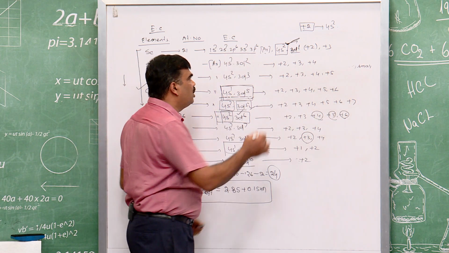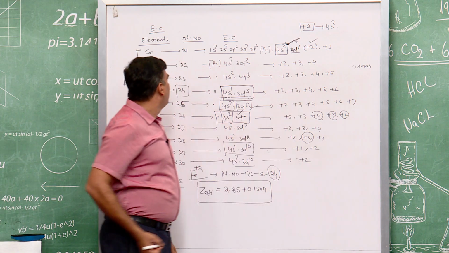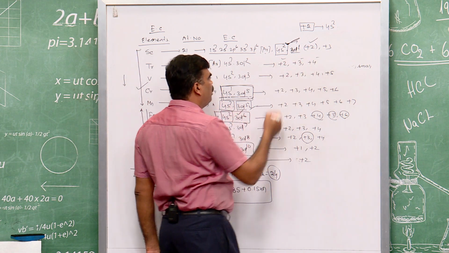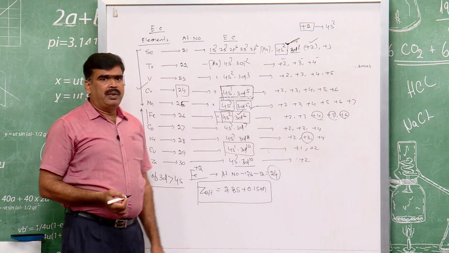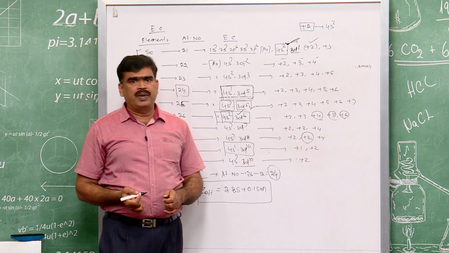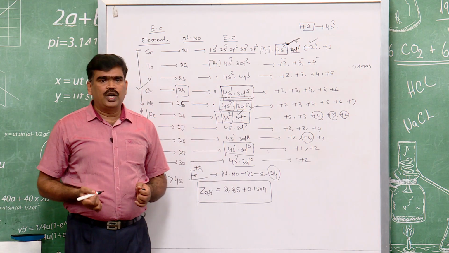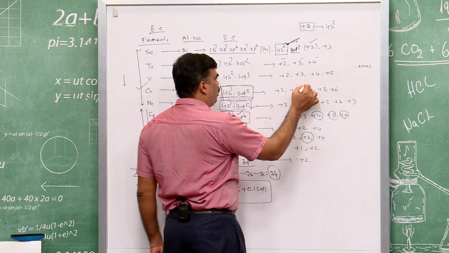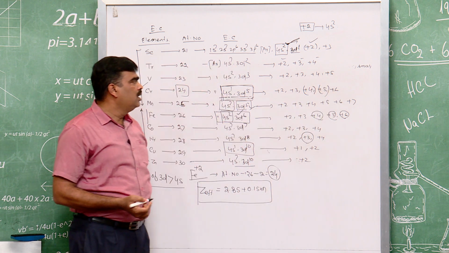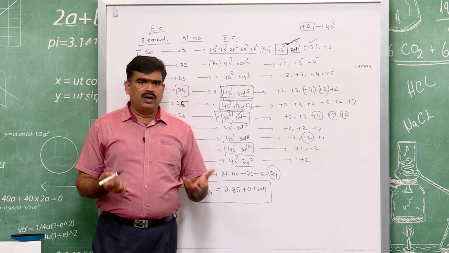Okay? So this oxidation state is unstable. And in case of titanium, you see it shows +2, +3, +4. Vanadium also shows oxidation states +2, +3, +4 and +5. But in case of chromium, +4, +5 are unstable oxidation states. I am enclosing them in a bracket. These compounds cannot exist.